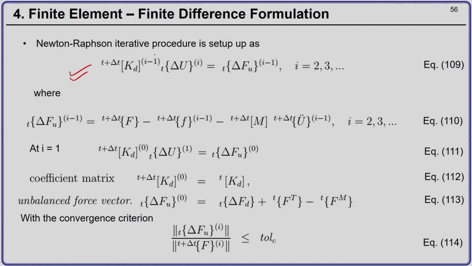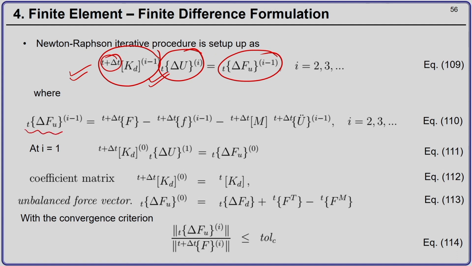The K effective tangent matrix evaluated at I minus 1, and this is an approximation for t plus delta t, times the incremental displacement vector for iteration I is equal to the residual force vector corresponding to iteration I minus 1.